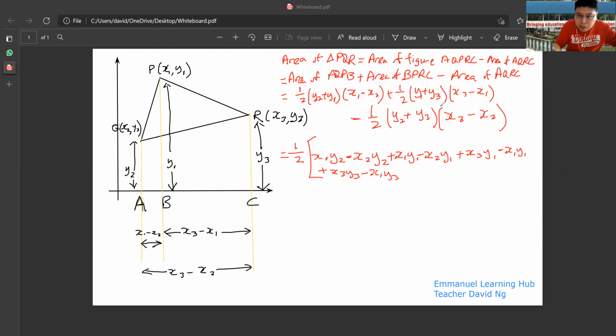So the first one is minus x3, y2 plus x2, y2, and then I have x3, y2 plus x2, y2 minus x3, y3 and plus x2, y3.